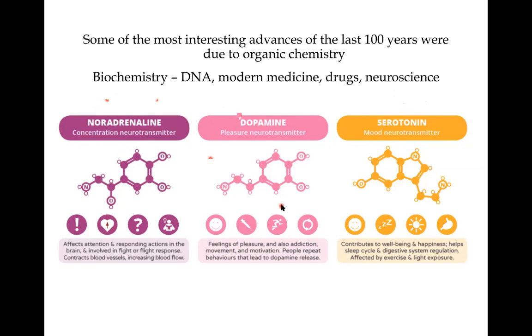These are all organic compounds. And interestingly, noradrenaline and dopamine are almost exactly the same. If you look at their chemical structure, there's only one difference between them: the presence of this oxygen atom right here.